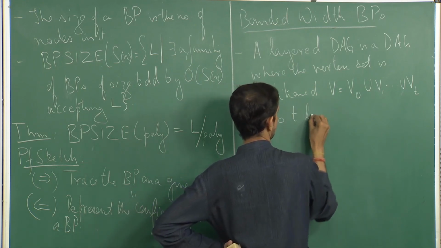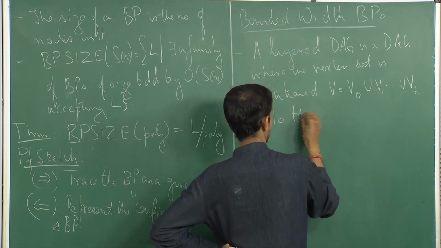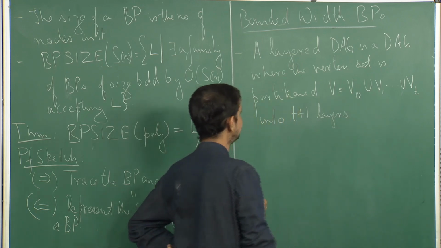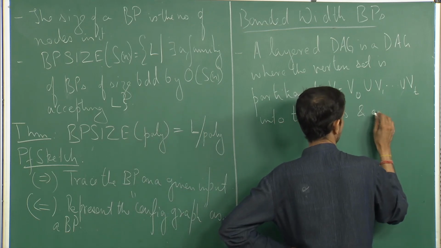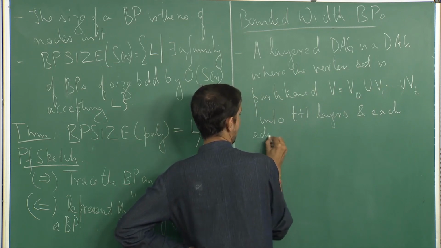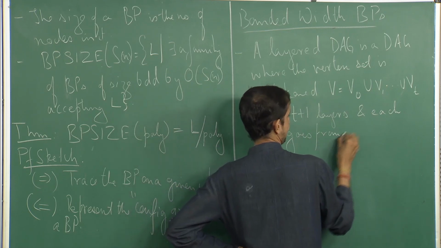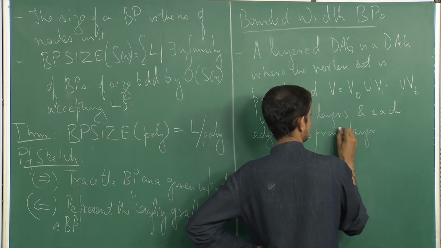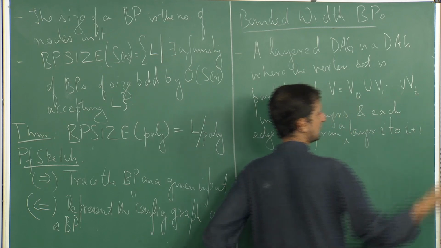into T, or well, T plus 1 actually, and each edge goes from a layer I to I plus 1.